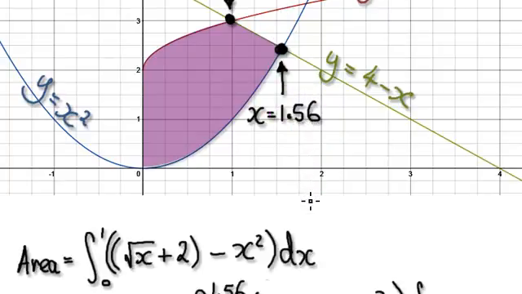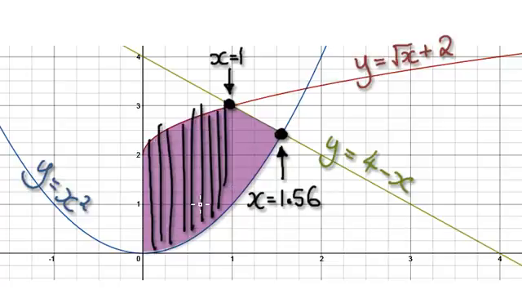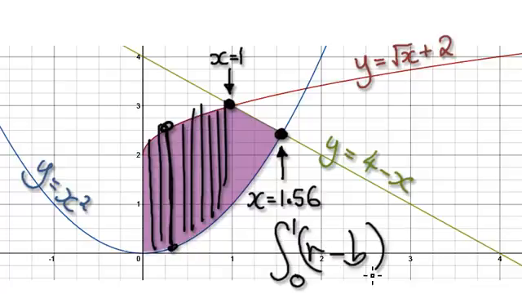So now we integrate. The first part will be the integral from 0 to 1 of the red line take away the blue line, and the thickness of this rectangle is dx.